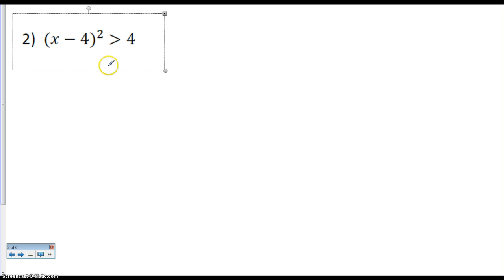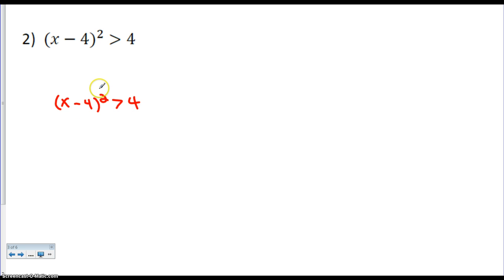So let's look at this inequality right here. I have x minus 4 squared is greater than 4. Because I have a quantity squared, I can square root both sides.